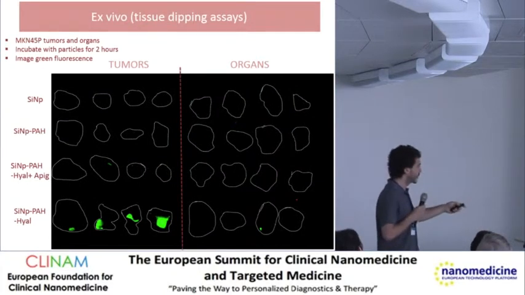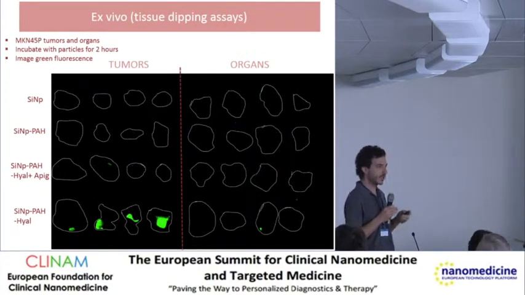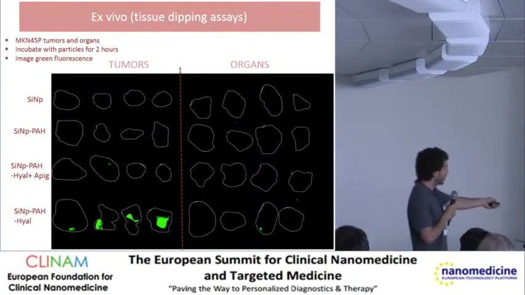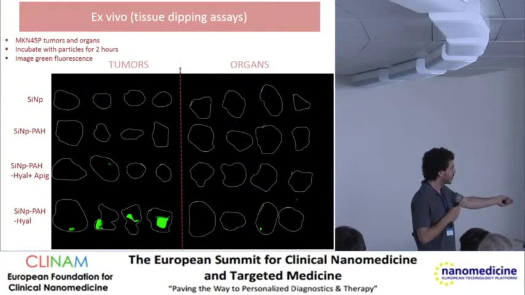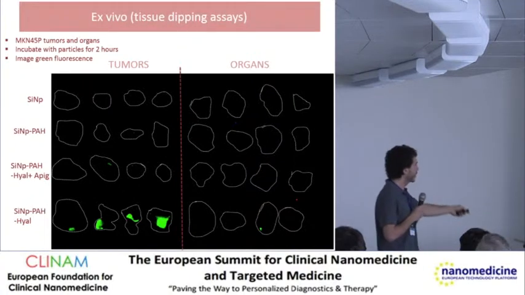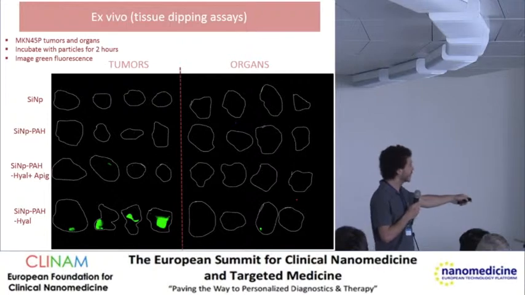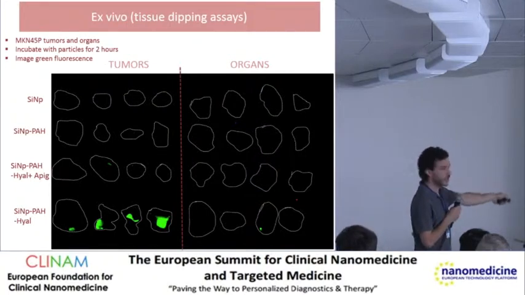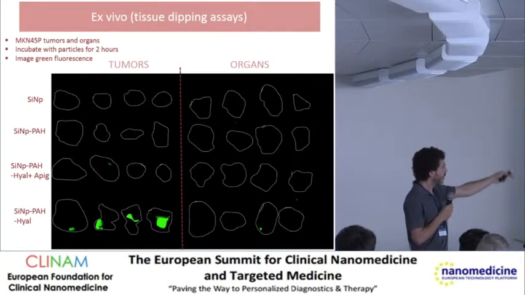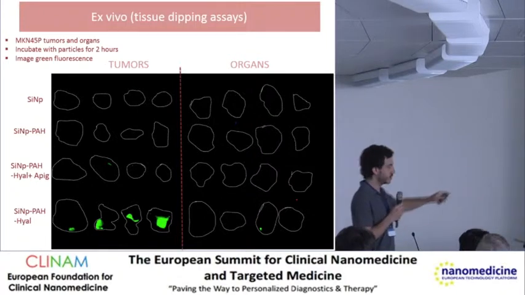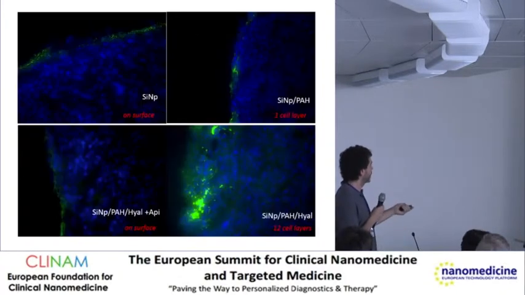I did the first ex vivo experiment: I grew the tumors, took them out, and incubated them with the enzyme. I see that they bind only to the particles with the hyaluronidase, not in the controls, not in the inhibited enzyme, and there's nothing in the organs. These are all the organs cut in little pieces, so there's nothing there.